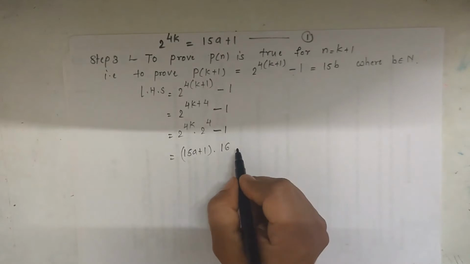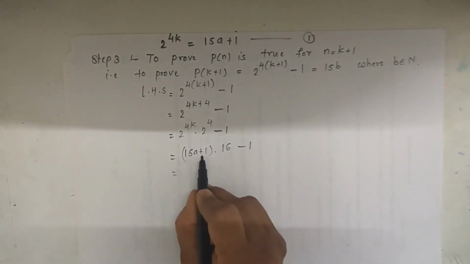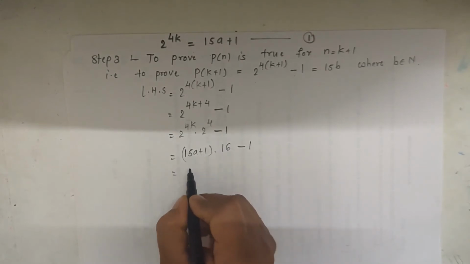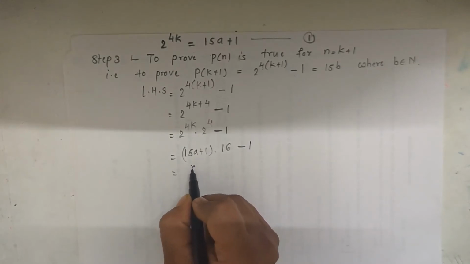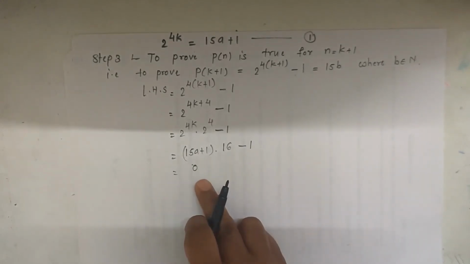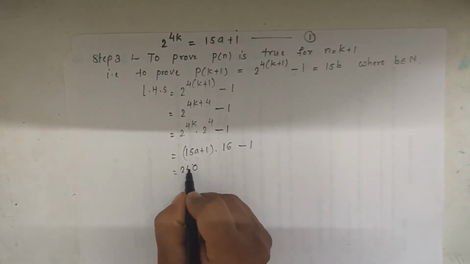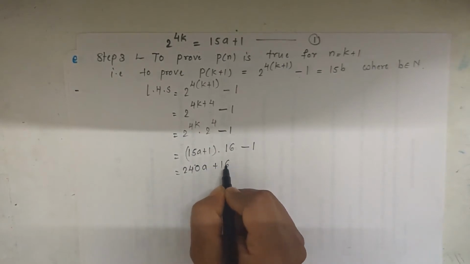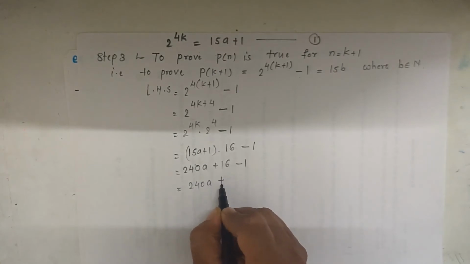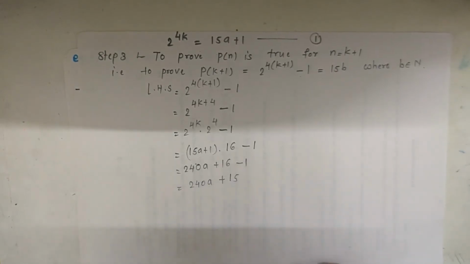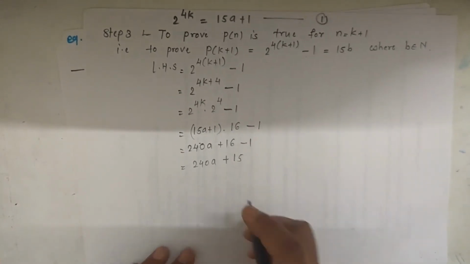So we have 16 into 15a plus 1 minus 1. Multiplying 16 by 15a plus 1, we get 15 into 16, that is 240a, plus 16 minus 1. Simplifying, 16 minus 1 is 15.